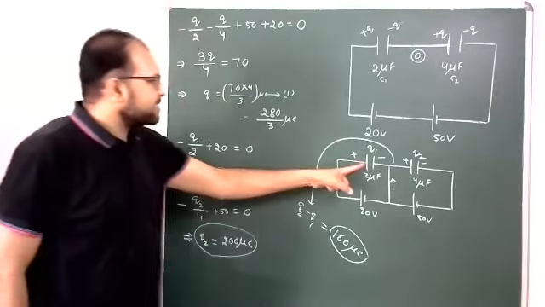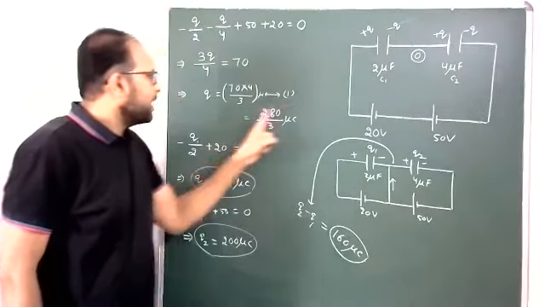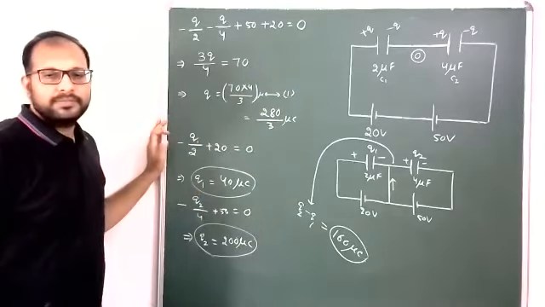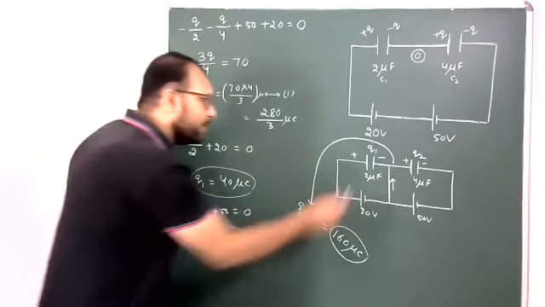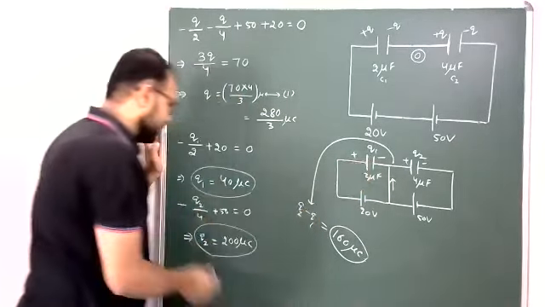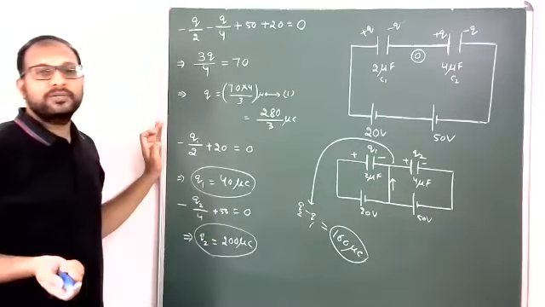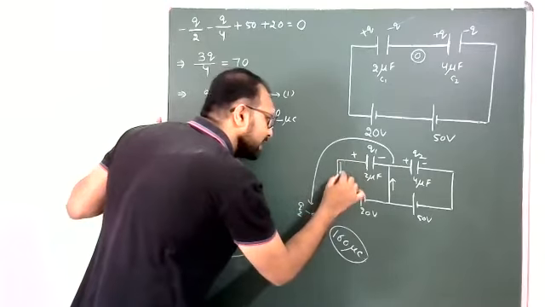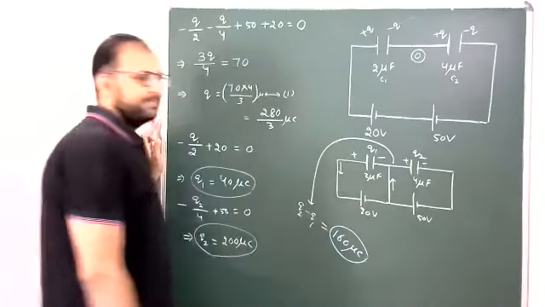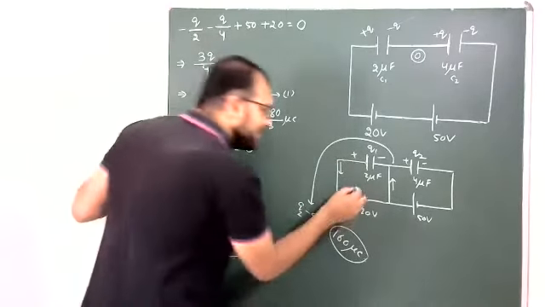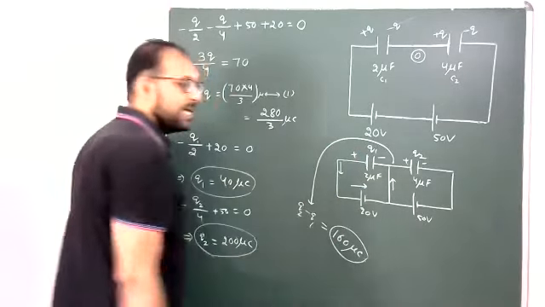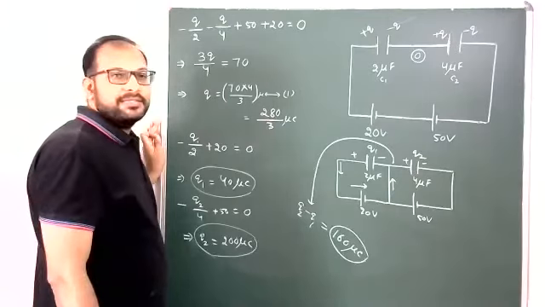So students, previously on this plate 280 by 3 microcoulombs, but right now on the same plate just 40 microcoulombs. That means definitely some charge passed in this direction. How much charge is that?